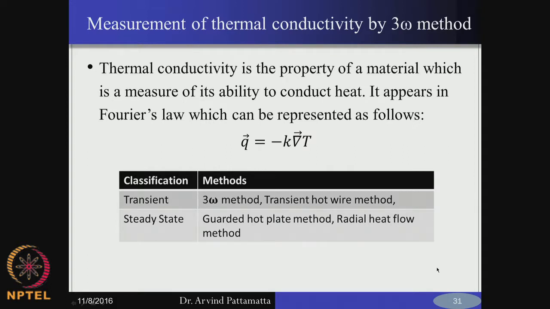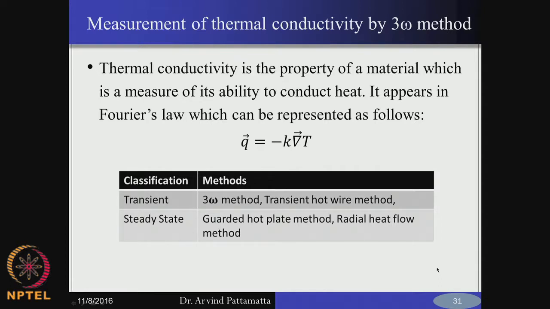When you immerse a heated line sensor into the fluid and look at the response over a period of time, that is, how the temperature of this probe changes, depending on that you can find out the thermal conductivity of the liquid.